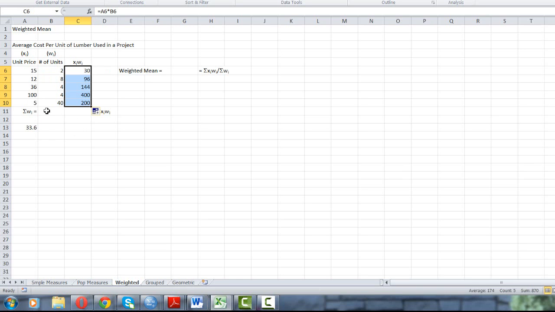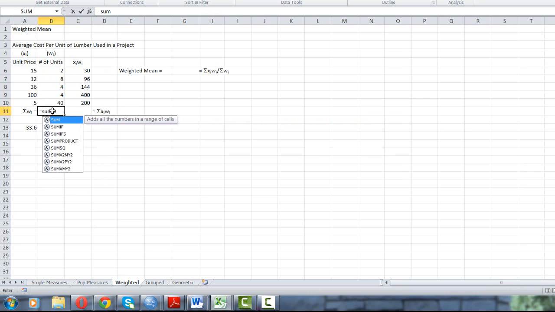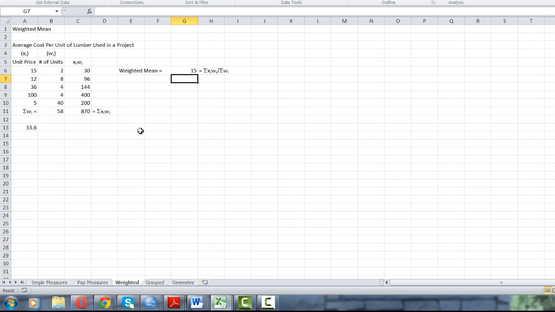So we need the sum of the number of units, that's going to be our denominator, and we need the sum of the unit price times the number of units. So we take $870 divided by 58. And now the average price is 15.